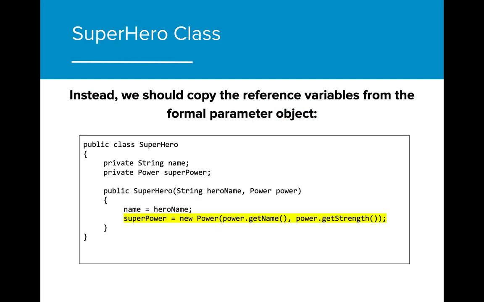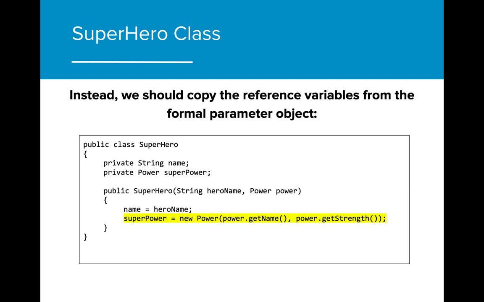Instead of having the superpower power object reference the power object input into the parameter, we can assign the values of the power object to the superpower object. In the constructor, we can initialize the superpower object by creating a new object using the values of the power attribute. Remember the accessor methods we created? We can use those to get the value of the power attributes and assign those values to the superpower power in the constructor.